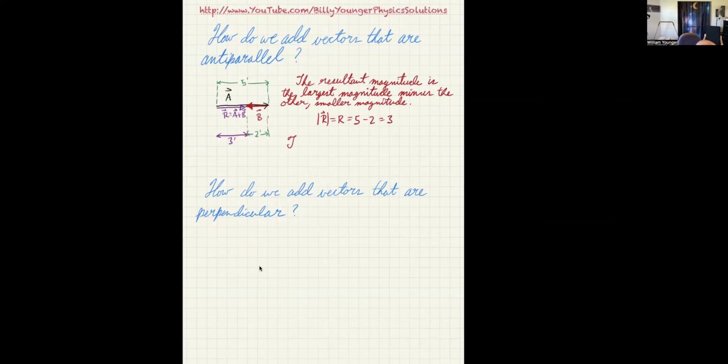The direction is the direction of the vector with the largest magnitude.